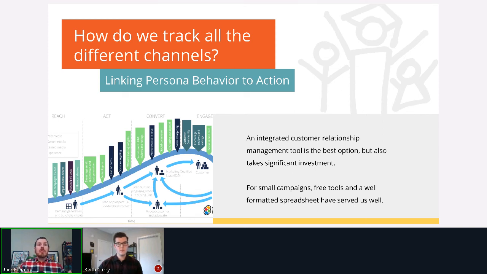CRMs can be and do require some investment of resources, especially like a Salesforce. That's going to be a pretty expensive startup cost, anywhere from $25,000 to $50,000 to get something set up, if you're working with a consultant and not just doing it yourself. I've tried doing it myself. It's super complicated, so I would not recommend that. But certainly, as nonprofits, you can get free copies of Salesforce if you want to go that direction.